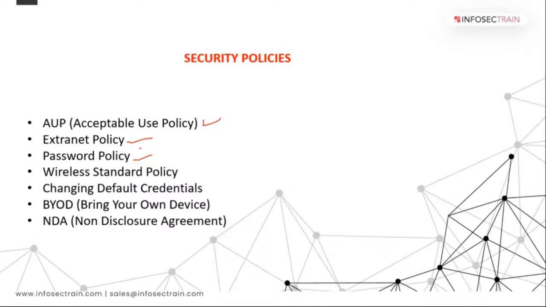Right? Next type of policy is that your wireless standard policy. Now, in wireless standard policy, it tells what wireless devices can connect to your organization's network, and if there are some devices connected to the organization's network, then what we have to do, what will be the requirements for that, right?